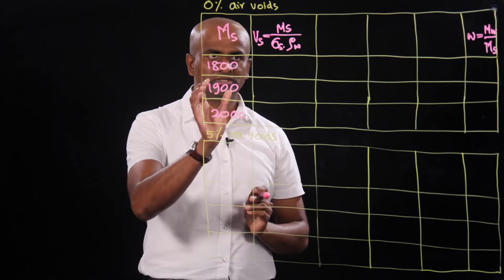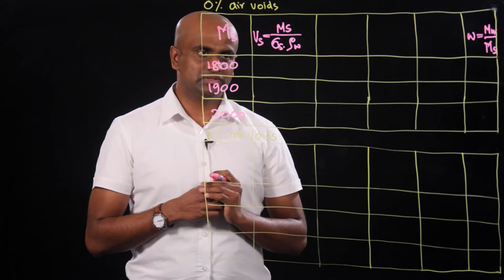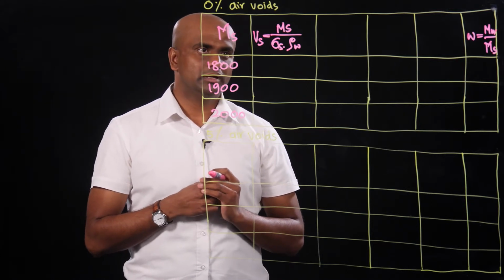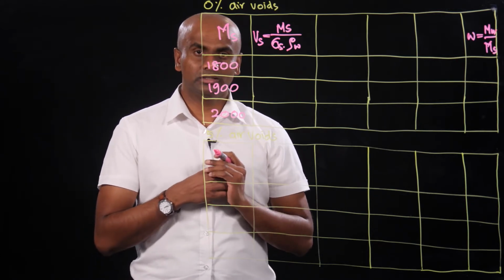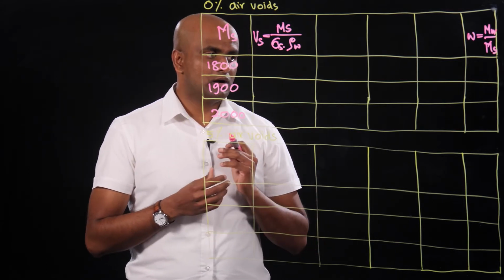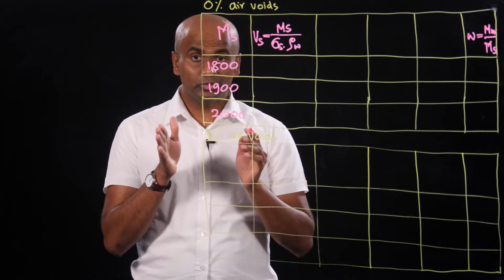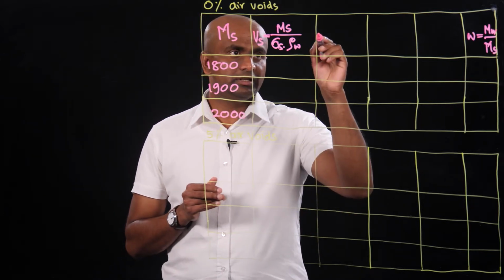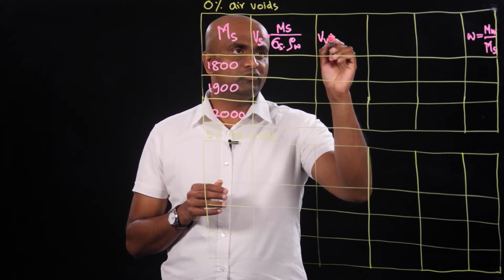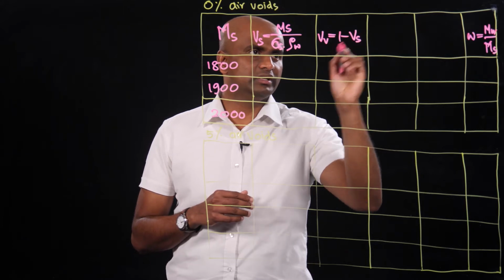From the Ms values, therefore we can determine the Vs values in the next column. Once you have determined the Vs value, and since we assume a 1 cubic meter total volume, you can determine the Vv, the volume of voids, which will be 1 minus the volume of solid.